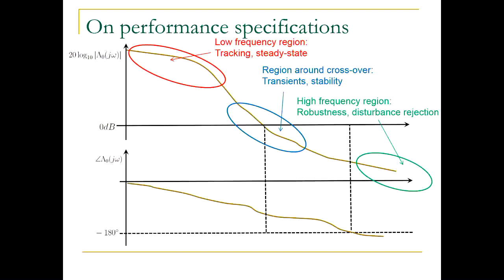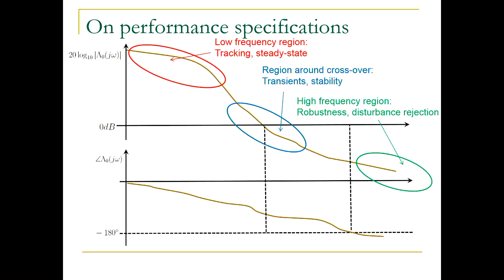All right. So here is the summary. So first, I'll summarize how we can relate certain performance specs to the shape of Bode diagrams, or which frequency regions are important. So if you plot, so what is plotted here is the phase and gain of the open loop transfer function.